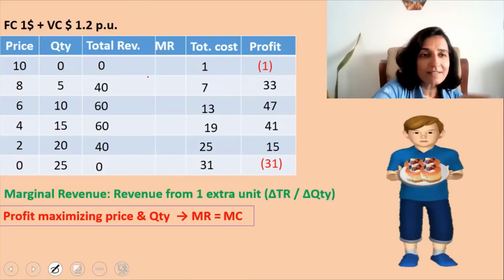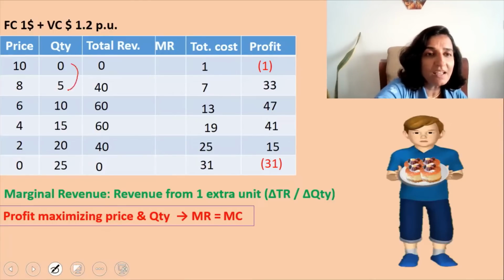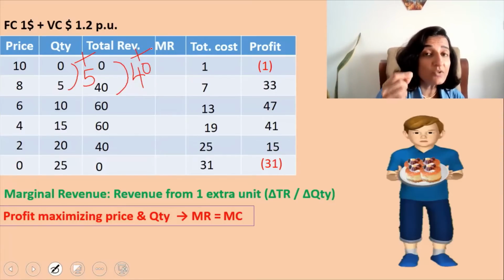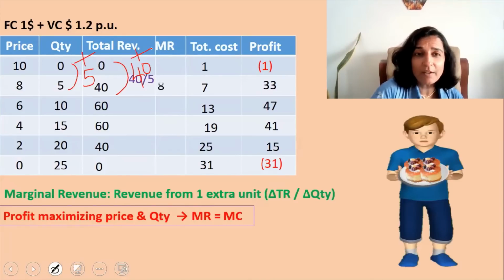Now look carefully at this table. When the quantity increased from 0 to 5, that is when the quantity jumped by 5 units, the total revenue jumped by $40, which means that the increase in revenue per unit is 40 divided by 5 or $8 per unit. So that's the marginal revenue.